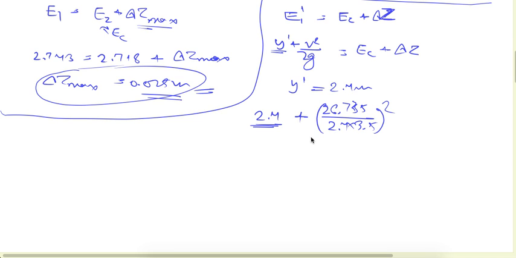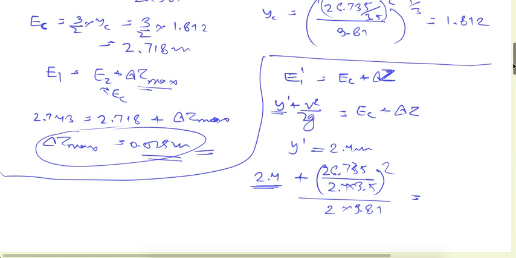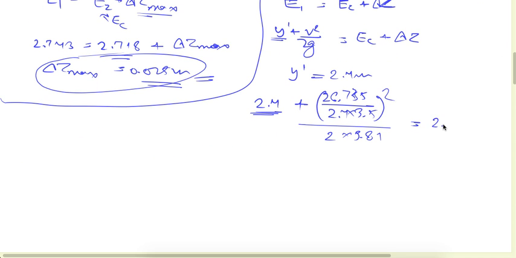Q square divided by 2 into 9.81, and EC is equal to, EC was 2.718 meters, 2.718 plus delta Z, and if we solve this, delta Z comes out to be 0.2 meter.